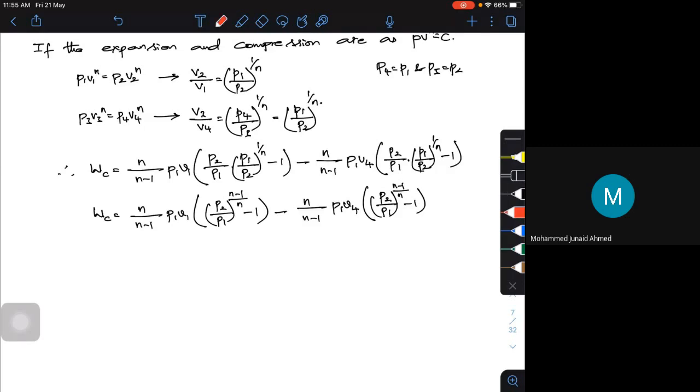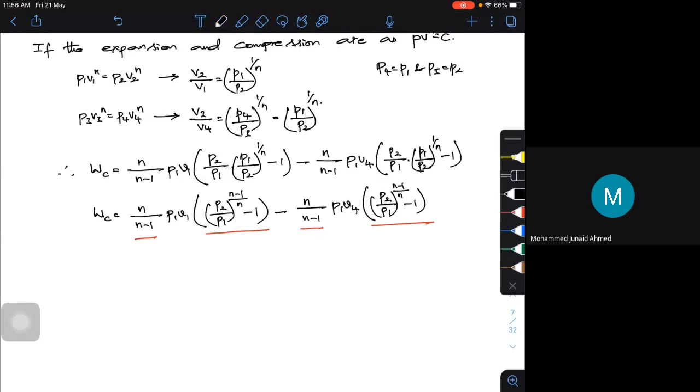This is for your compression, this is for your expansion. So whenever I have this, I can take the common terms. If you look at it, what is common here? The common here is this quantity and n by n minus 1. So I can simplify this.